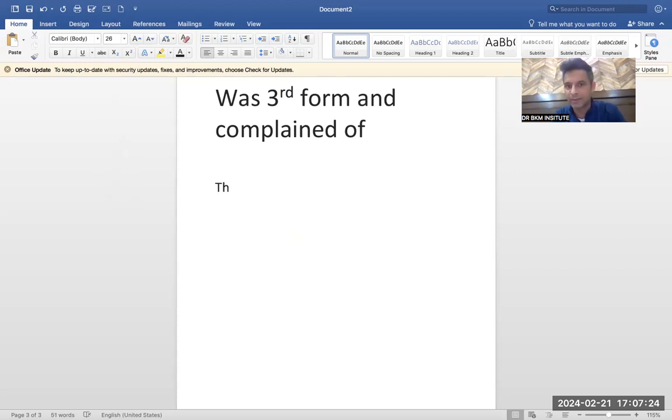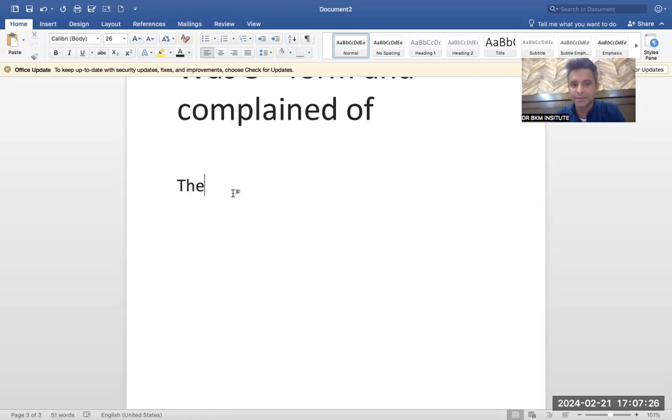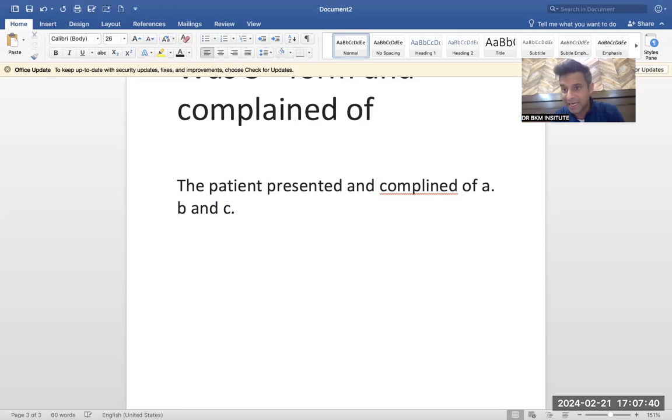Okay. Now, if I am talking about the patient presented with, so he came by himself and complained of XYZ, A, B, and C. Suppose these were the symptoms. Suppose he had more symptoms.